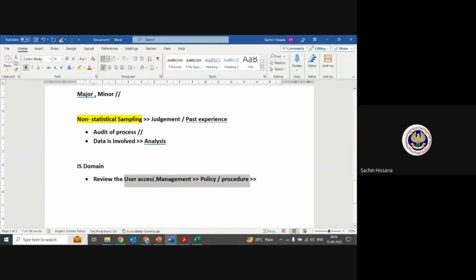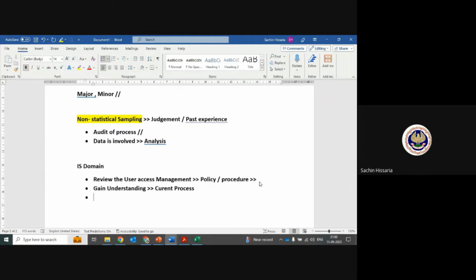As an auditor, first I will ask for the user access management or logical access management policy of the company. I will read that policy procedure document. I will gain the understanding of the current process. What is the current process the organization is following to revoke the access?